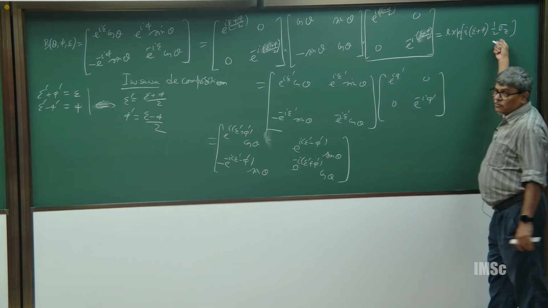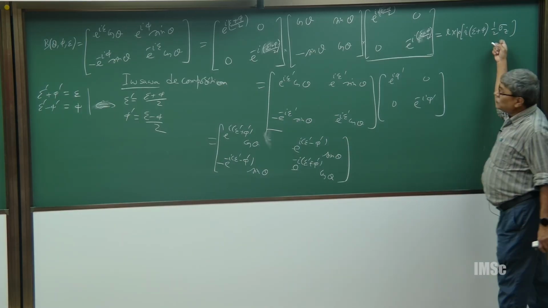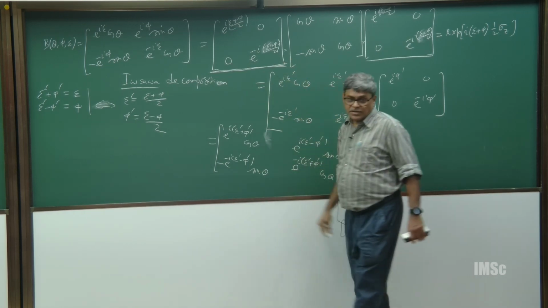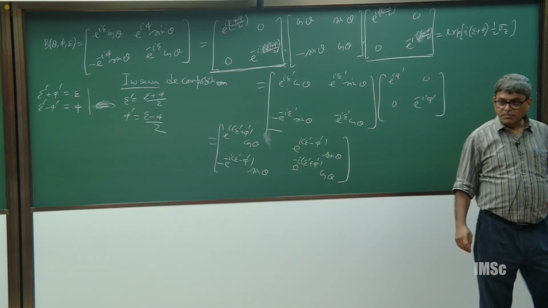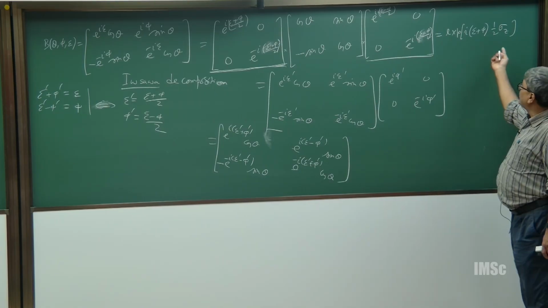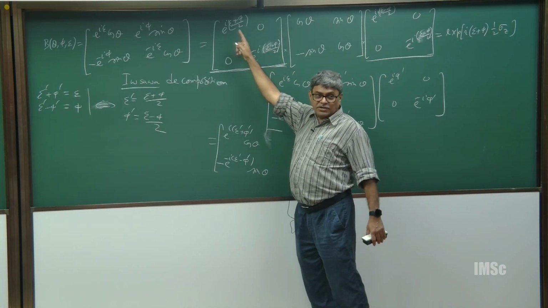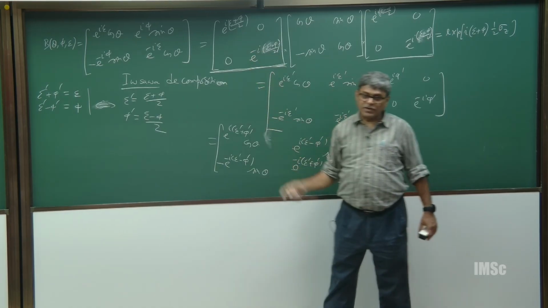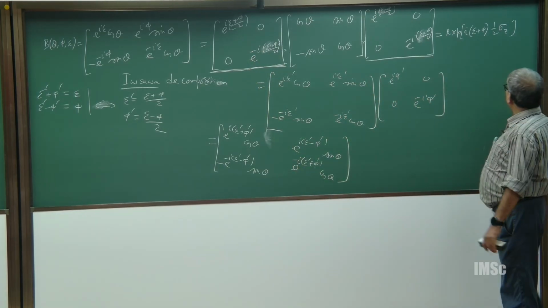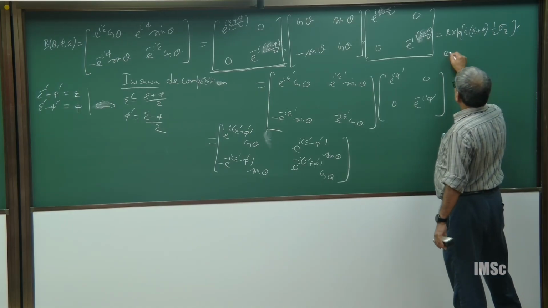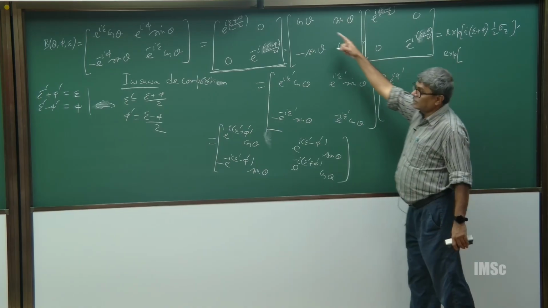This sigma z is the Pauli 2 by 2 matrix. So, this and this are the same. Can I claim that? Because sigma z has eigenvalues plus 1 and minus 1. The plus 1 eigenvalue corresponds to this diagonal entry, and this corresponds to the minus 1. Multiplied by, what about this?